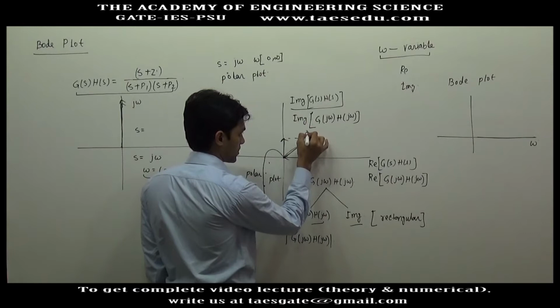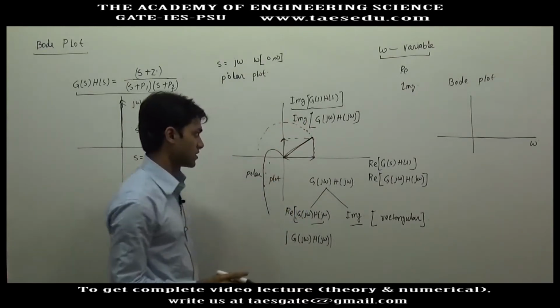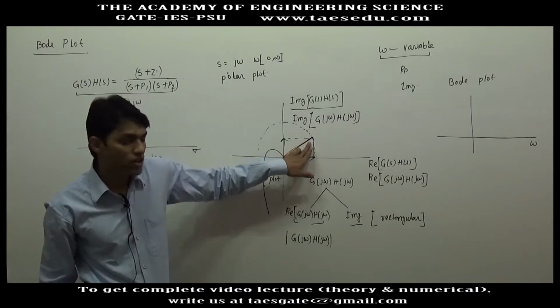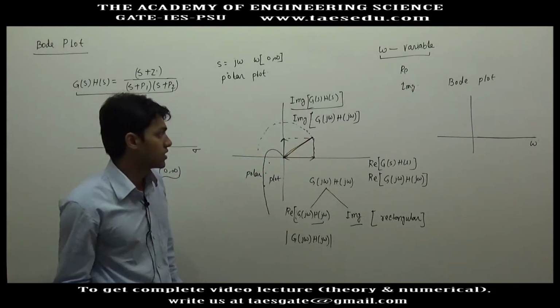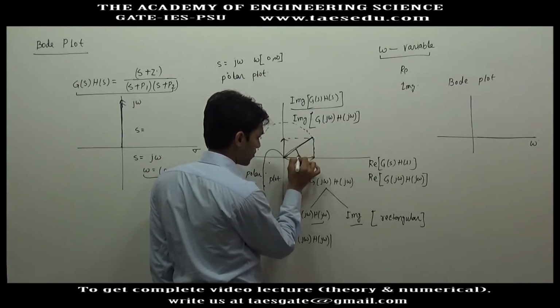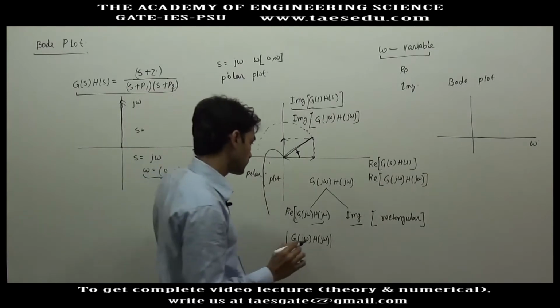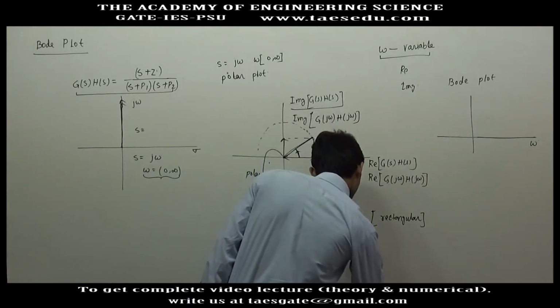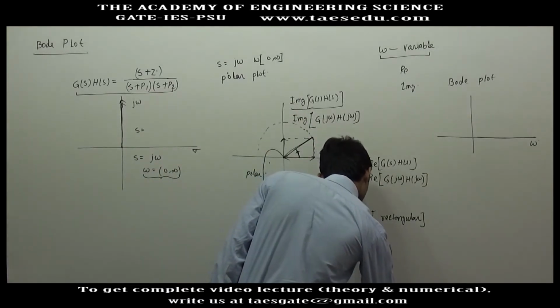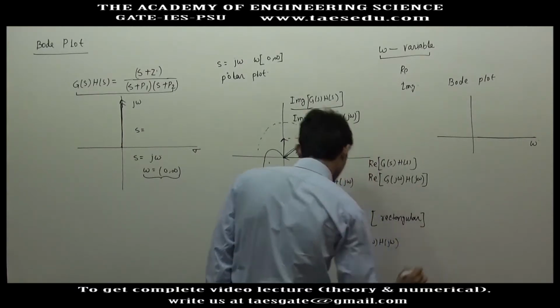If you make a circle of this radius, you can have infinite number of points. So to represent this point uniquely, you need one more quantity, and that quantity is angle, anti-clockwise angle from x-axis. So the other quantity is angle of G(j omega)H(j omega).